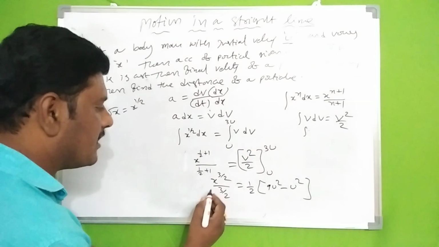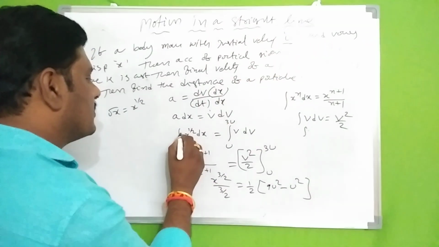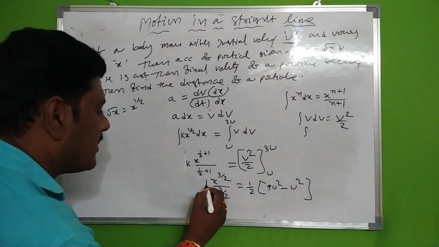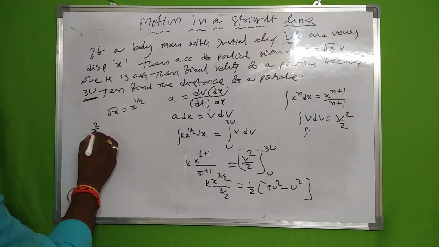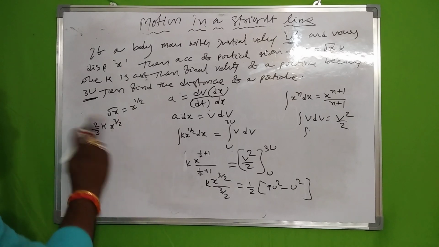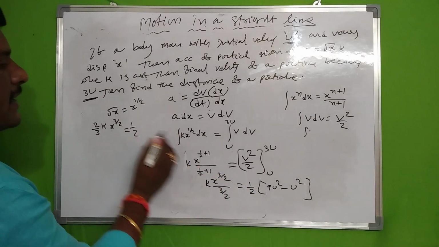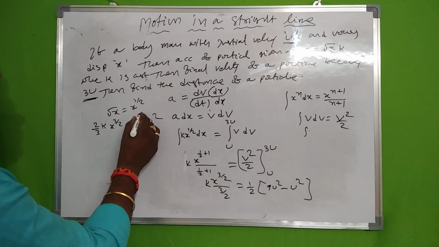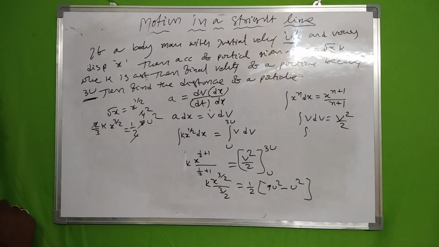So we simplify the formula. The constant k is written outside. Finally we get 2 by 3 k into x power 3 by 2 equals 1 by 2 into 9u square minus u square, which is 8u square. 2 fours get cancelled.